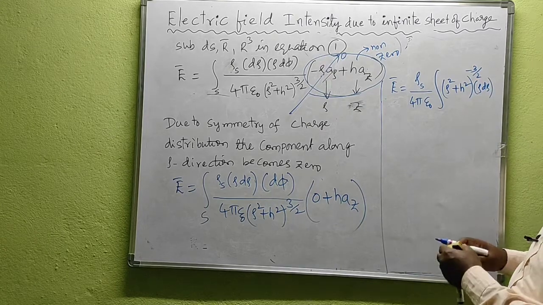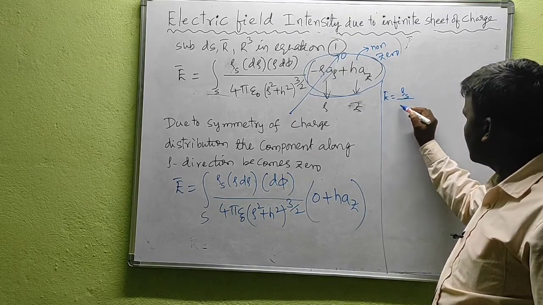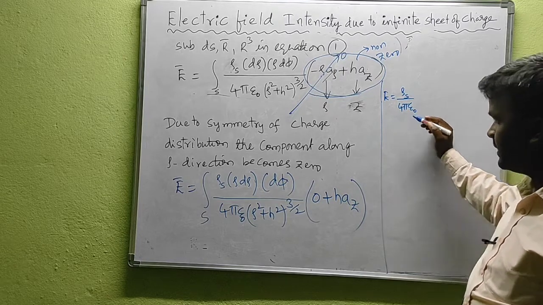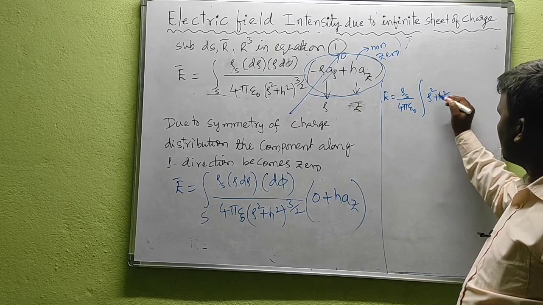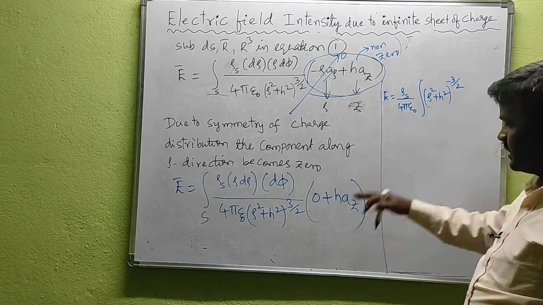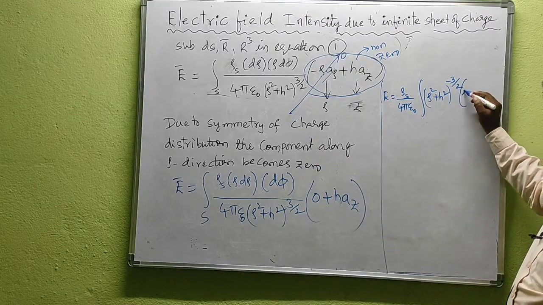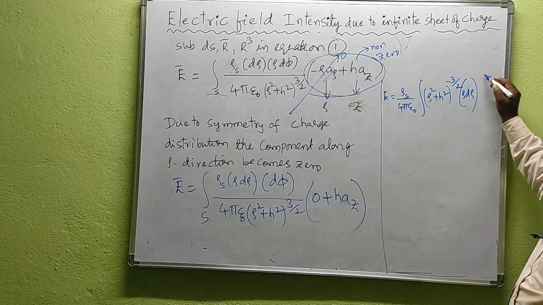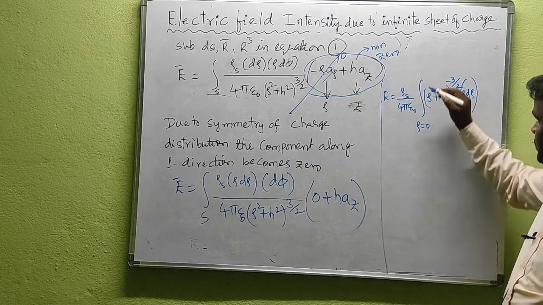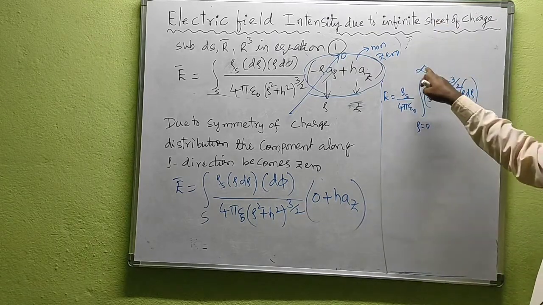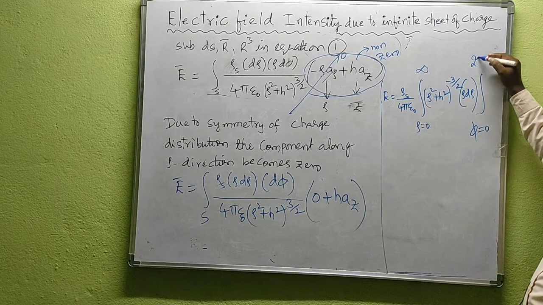Let us write here, E equal to rho s, which is constant, 4 pi epsilon naught, which is also constant, and let us write the rho components, that is rho square plus h square whole power minus 3 by 2, sent to the numerator, and the rho component, that is rho d rho. For an infinite sheet of charge, rho is varied from 0 to infinity, that means a sheet of charge with infinite radius, and the phi limits are 0 to 2 pi.